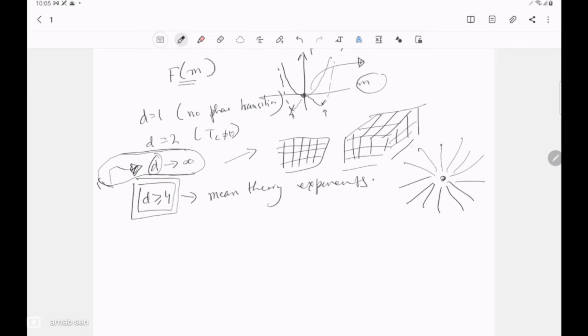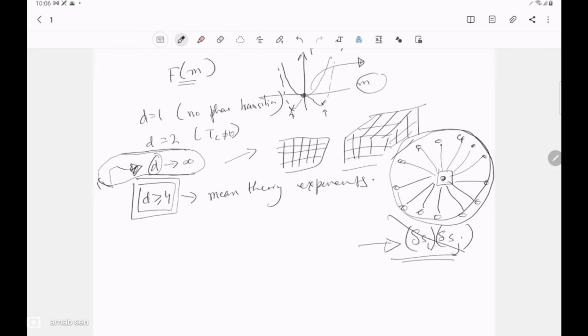And in the limit when the dimensionality of the system is very high, there is a very large number of neighbors. Then what you can do is ignore the fluctuations of this field that is produced by all these spins on this spin, right? Because the mean field theory assumption was that you ignore certain fluctuations at second order. If you remember, you ignored these kinds of fluctuations in mean field theory, and that's how the theory became solvable. So of course, there's an approximation, but with this approximation, the theory became solvable.